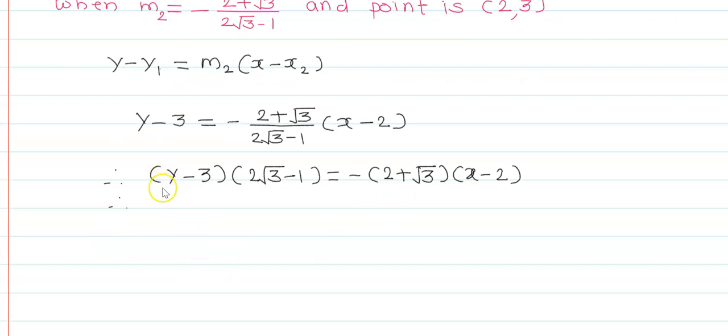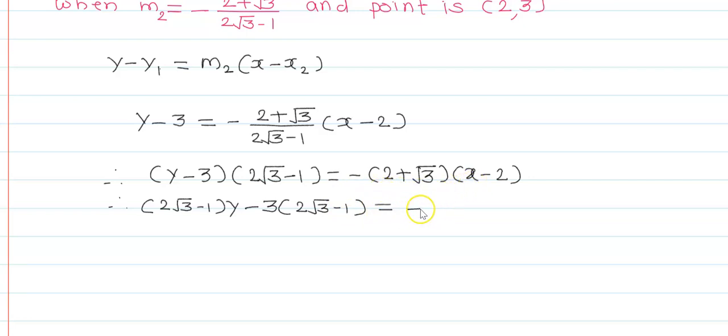Next simplification: y into this whole bracket, which is 2 root 3 minus 1, into y. Again minus 3 in bracket 2 root 3 minus 1.